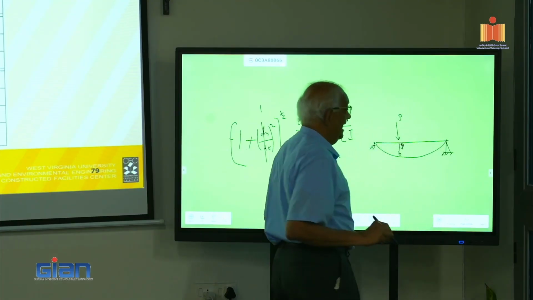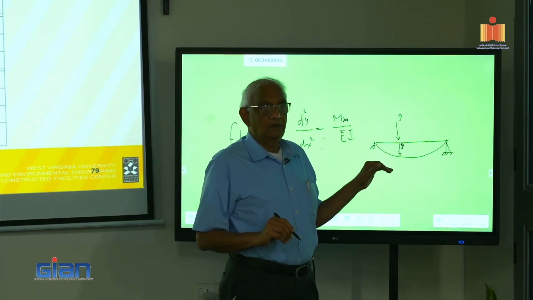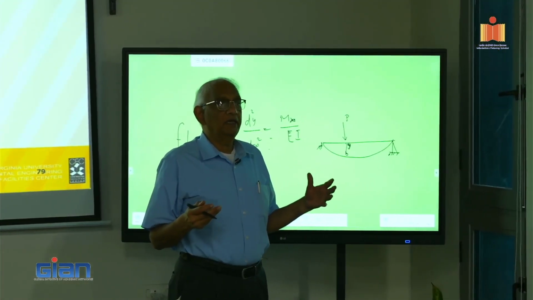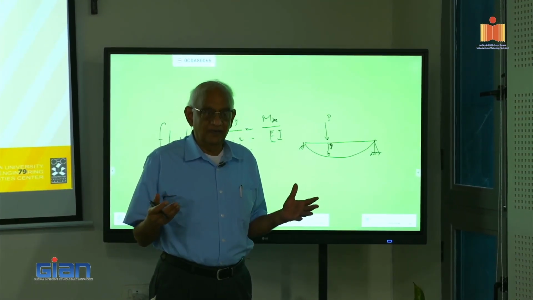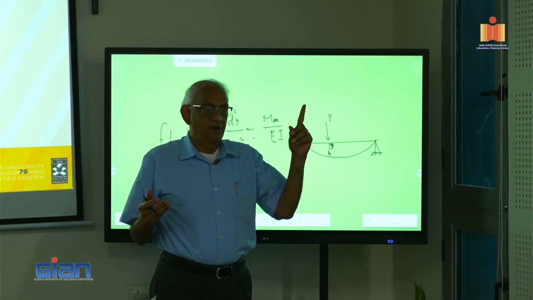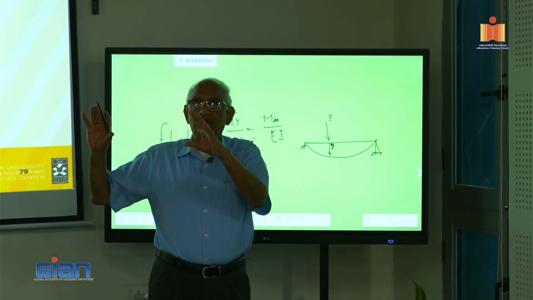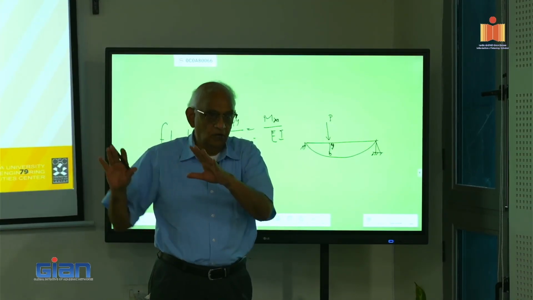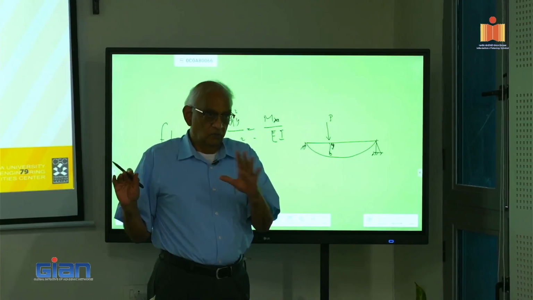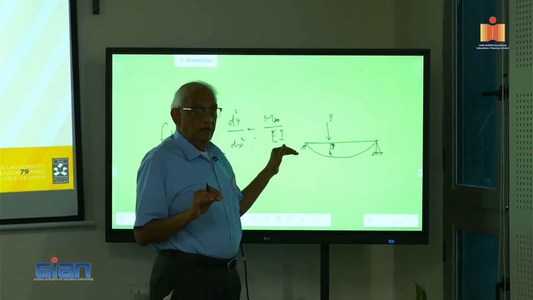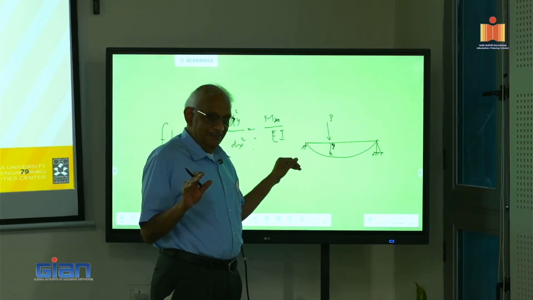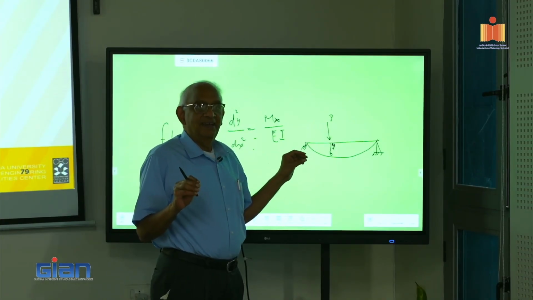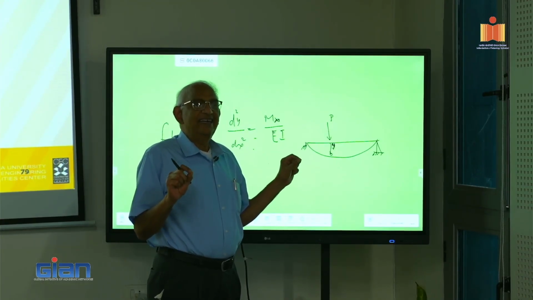So what happens here is that we are assuming 1 plus (dy over dx) whole square is 1 to make it a linear response. So this is what is called a second order regular differential equation.